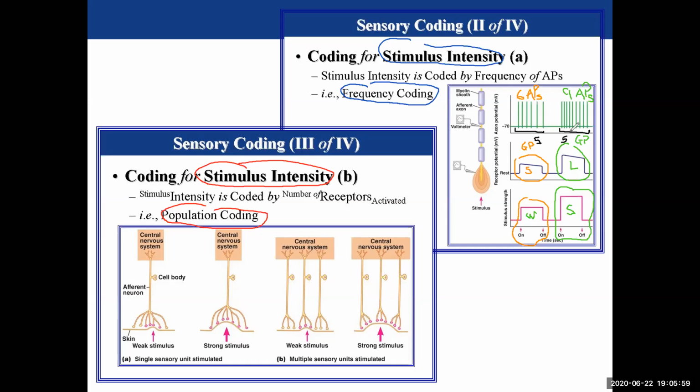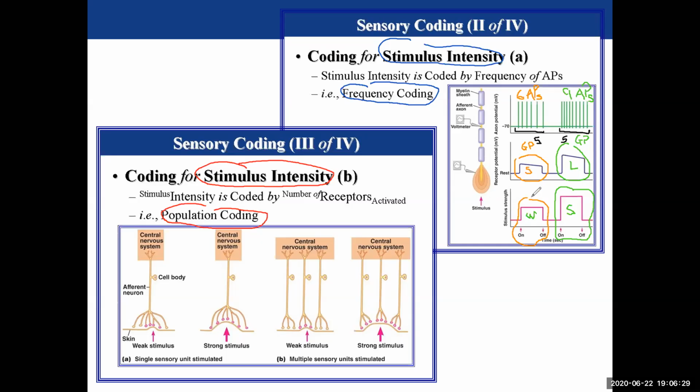So it has to be the same duration, yet the number of action potentials being generated has increased due to the stronger stimulus, producing a larger graded potential, leading to an increased number of action potentials generated by the trigger zone and propagated down these nodes of Ranvier. And so that we learned already.